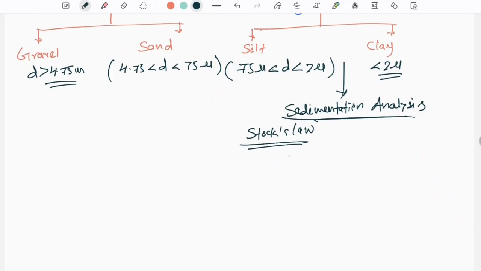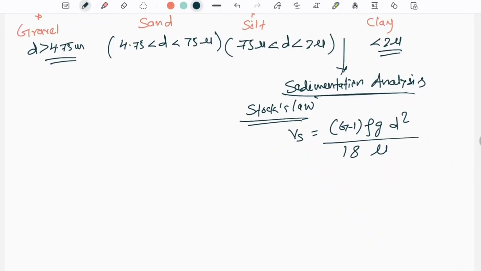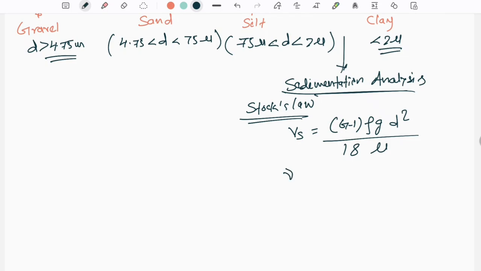With it you can find the settling velocity: Vs equals (G minus 1) times rho g d square divided by 18 mu, where mu is the viscosity and nu is the kinematic viscosity, the ratio of mu upon rho.